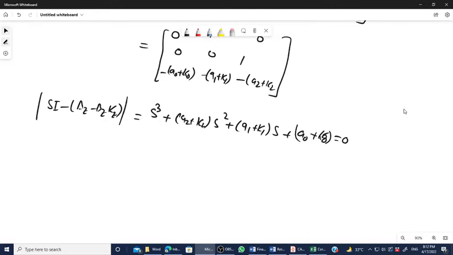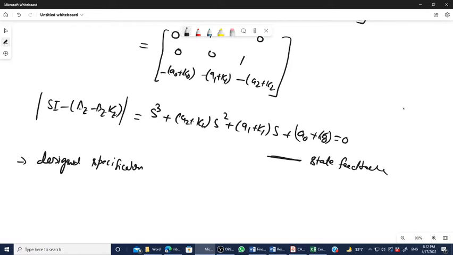This characteristic equation is developed with the help of the state feedback. Another, the same characteristic equation may be developed with the help of the desired design specification.